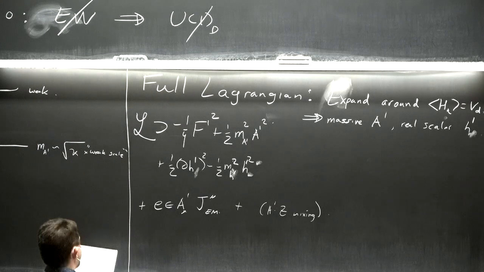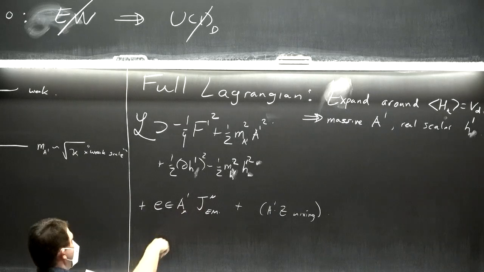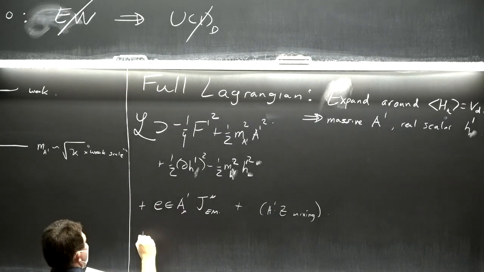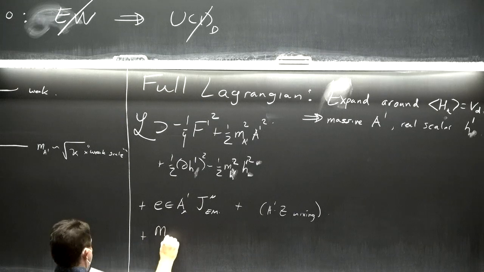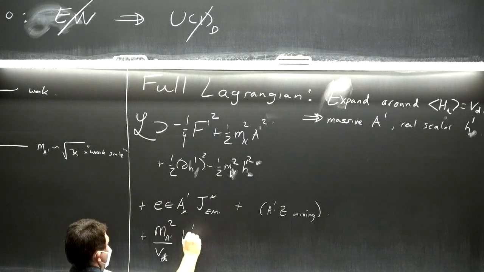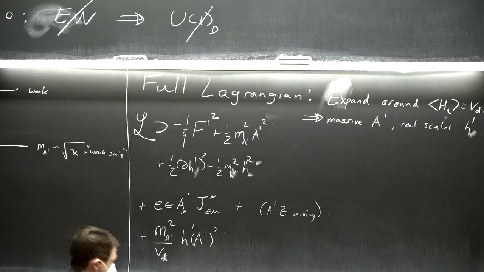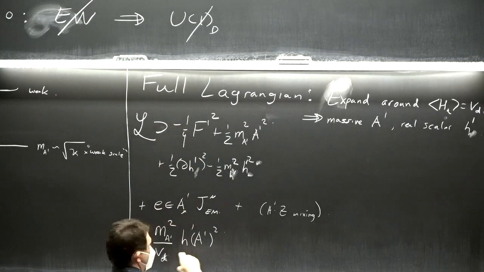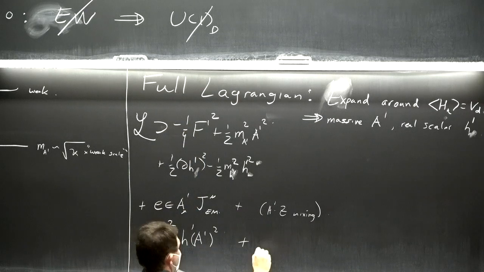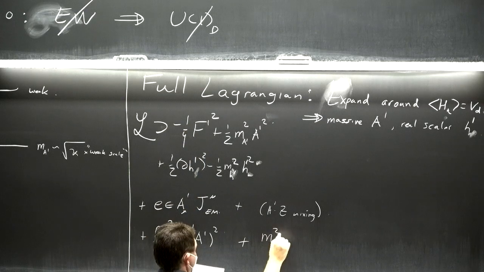We also then have a set of additional interactions that involve our new ingredient, H prime. So we have a coupling, this is V dark of the dark Higgs to the dark photon. This is the most important term. And then we have some additional pieces that I'll write for completeness.